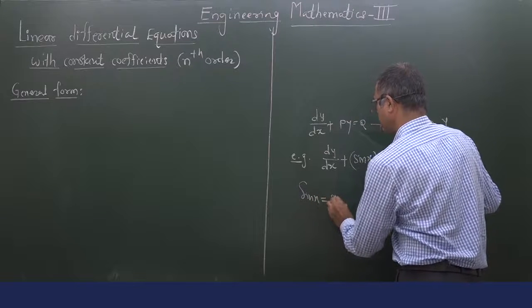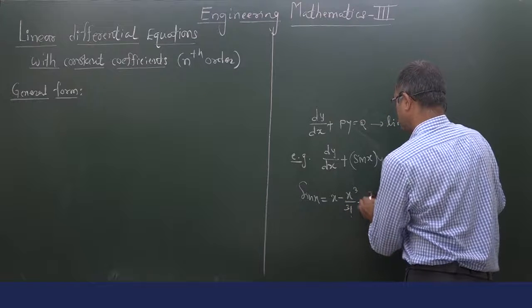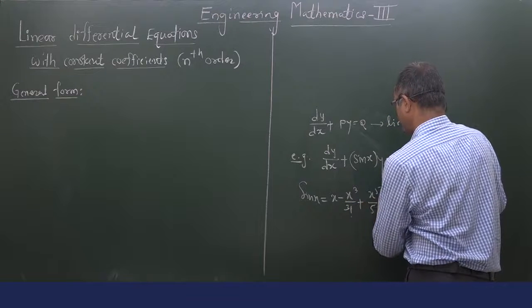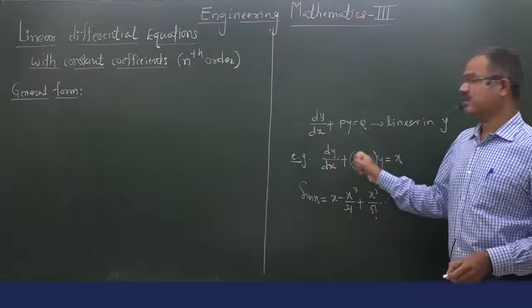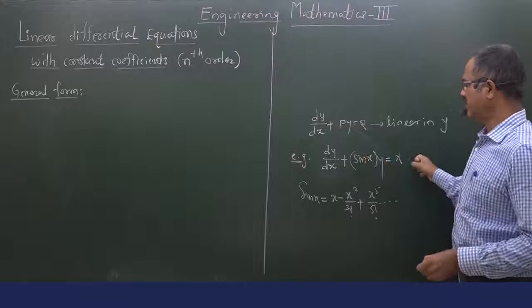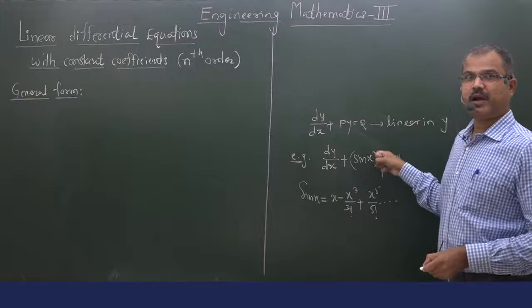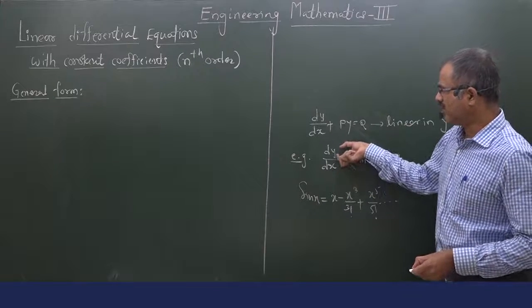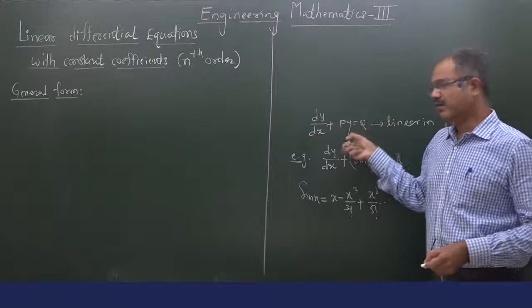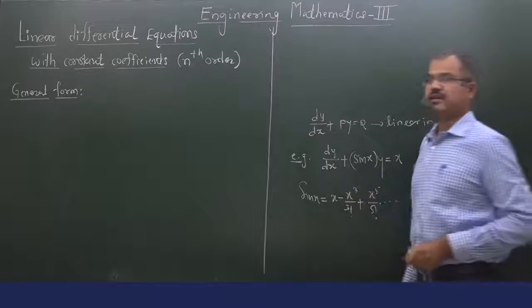Expansion of sin x is x minus x cube upon 3 factorial plus x to 5 upon 5 factorial and so on. Therefore, this differential equation is not linear in x, but it is linear in y because degree of dependent variable, here dependent variable is y and independent variable is x, is equal to 1, as well as degree of differential coefficient d by dx is equal to 1.